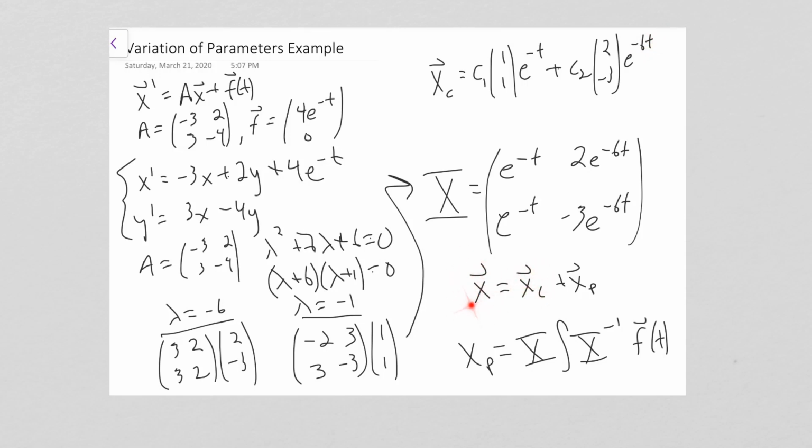I need my solution to be that plus something that will, quote, pump this out. Now, what would you have done with undetermined coefficients if I had given you this? Well, you would have chosen an e to the negative t. But look, if I were to do a1, a2, e to the negative t, then it feels like this thing right here, right?